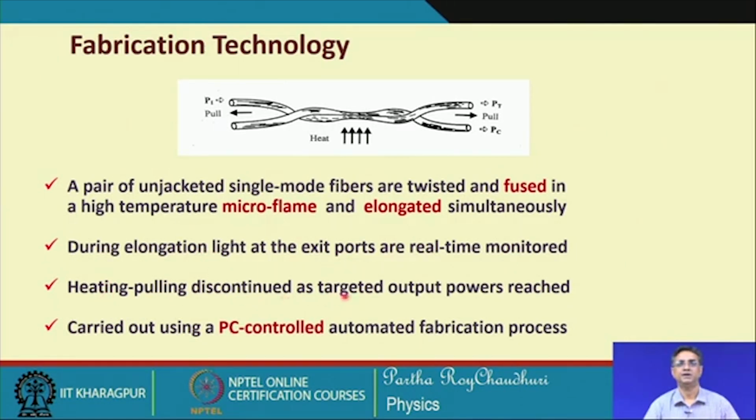Heating and pulling is discontinued, because during fabrication you have to monitor the power, the input and output power. As soon as you get the splitting of the powers in the transmitted and coupled ports, which is your requirement, 30-70 or 20-80 or 50-50, then you just discontinue this heating and pulling.